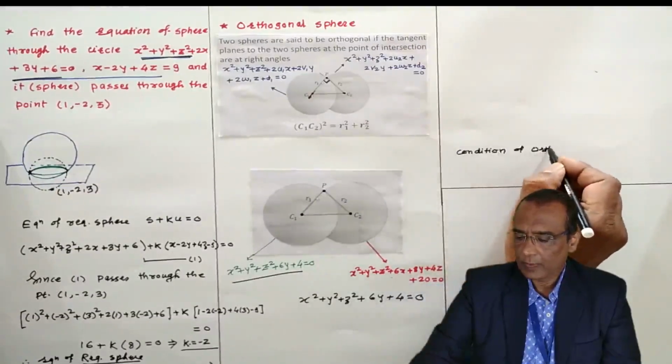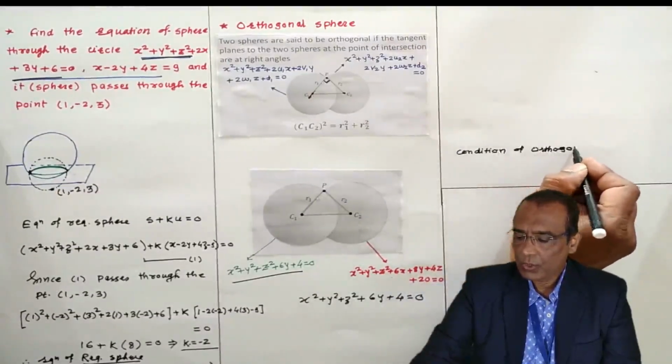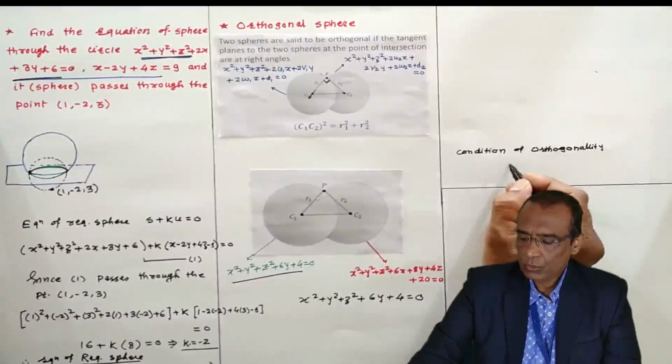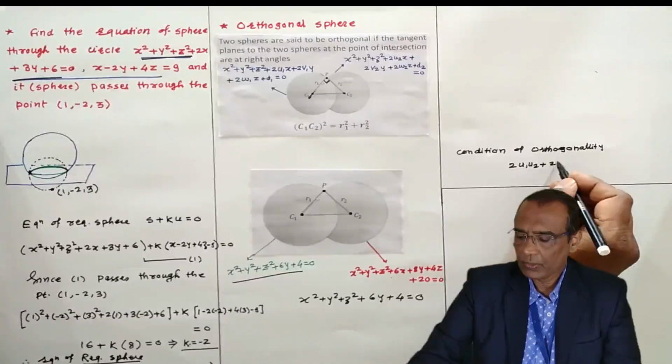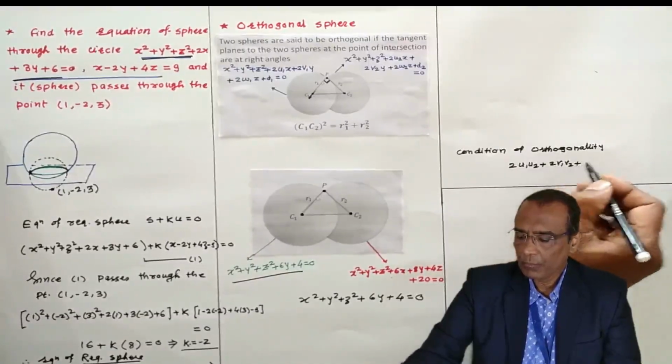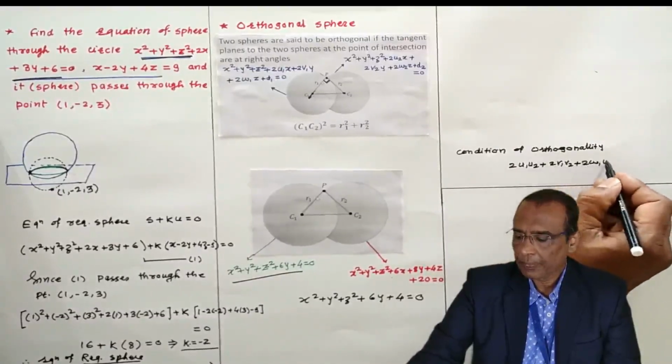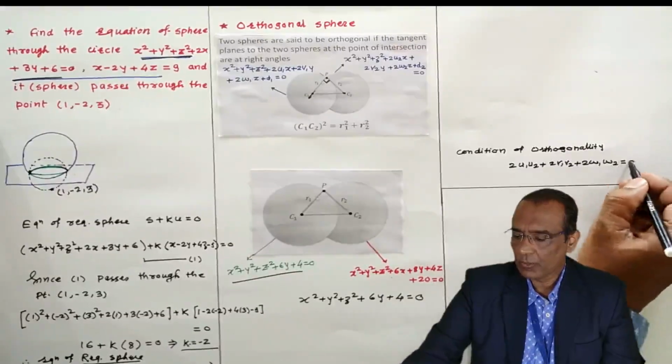What is the condition of orthogonality? It is 2u1u2 plus 2v1v2 plus 2w1w2 equals d1 plus d2.